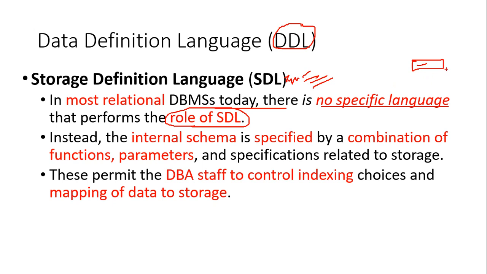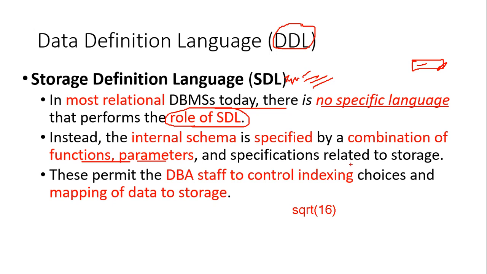Then how do you store them? If you don't have any languages to interact with the system, how do you store them? There will be built-in functions. You have to call those functions and pass some parameters to them. For example, if you really didn't get it, you have used square root as one function. Hope everybody knows that. And you supply some values to it. These are the parameters. Similarly, there are some functions which are directly available.